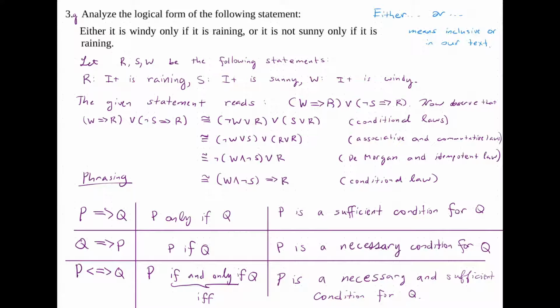And so we are done. And so we have that the given statement is equivalent to saying if it is windy and not sunny, then it is raining.